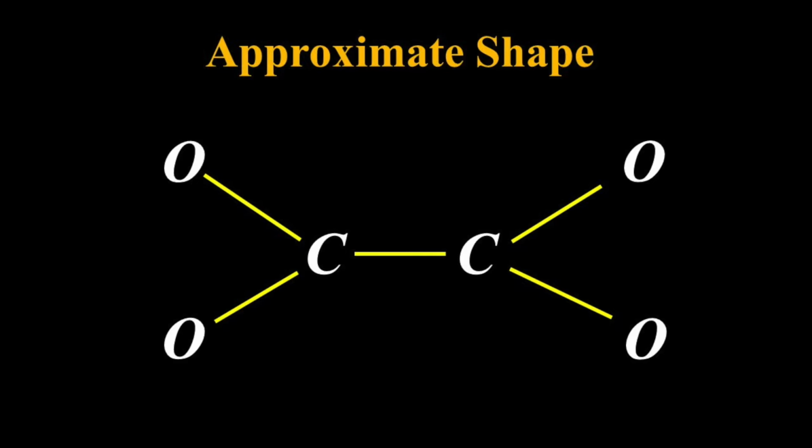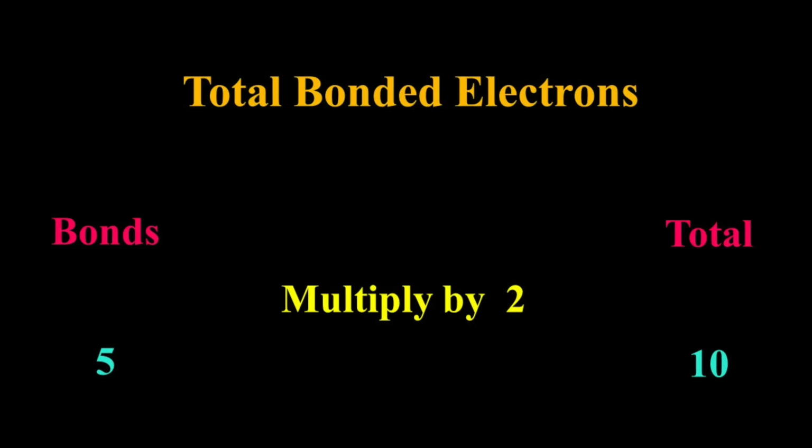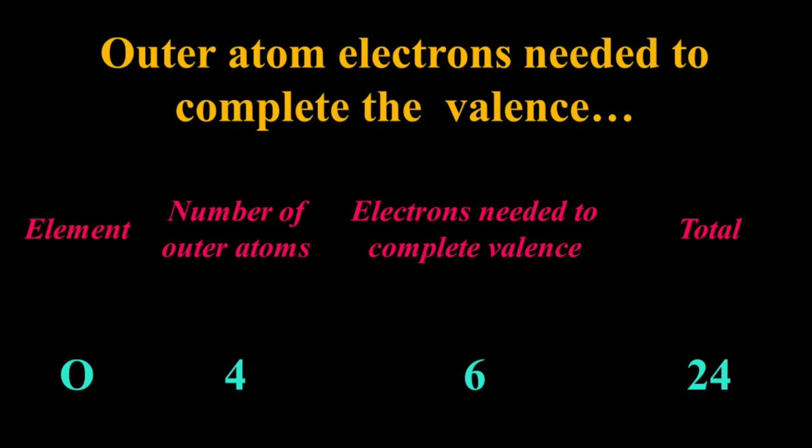But let's look at the total valence, and you'll see that it's 34 if you look at all of the electrons around. And we're going to have 5 bonds, that's 10. And then how many outer atoms? Did you count them? We're going to have 4 outer atoms, that's 24.